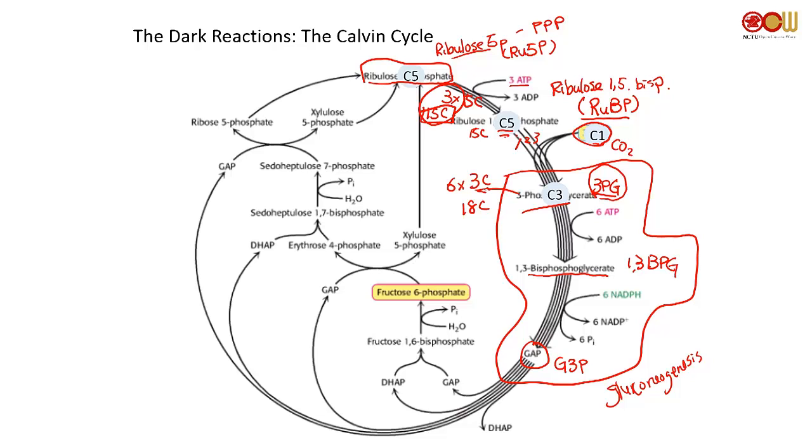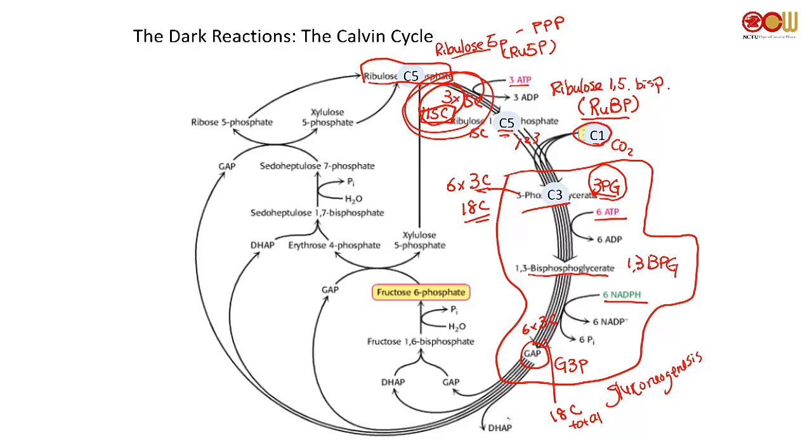And basically, you take these 18 carbons, you activate, you reduce. By the time you get to G3P, you still have 6 times 3 carbon, which gives you 18 carbons total. However, remember that 15 carbon has to recycle back for doing this process again. So basically, 15 carbon out of the 18 has to recycle.